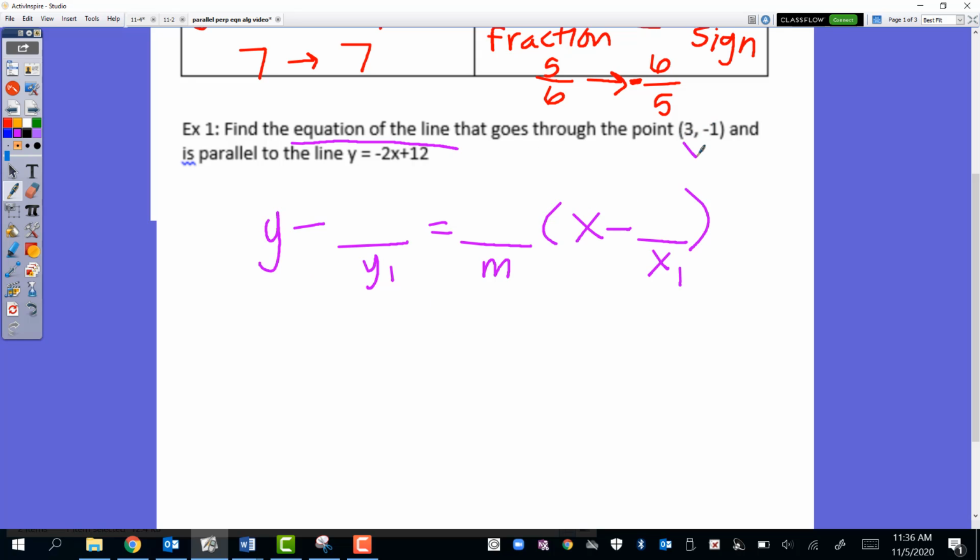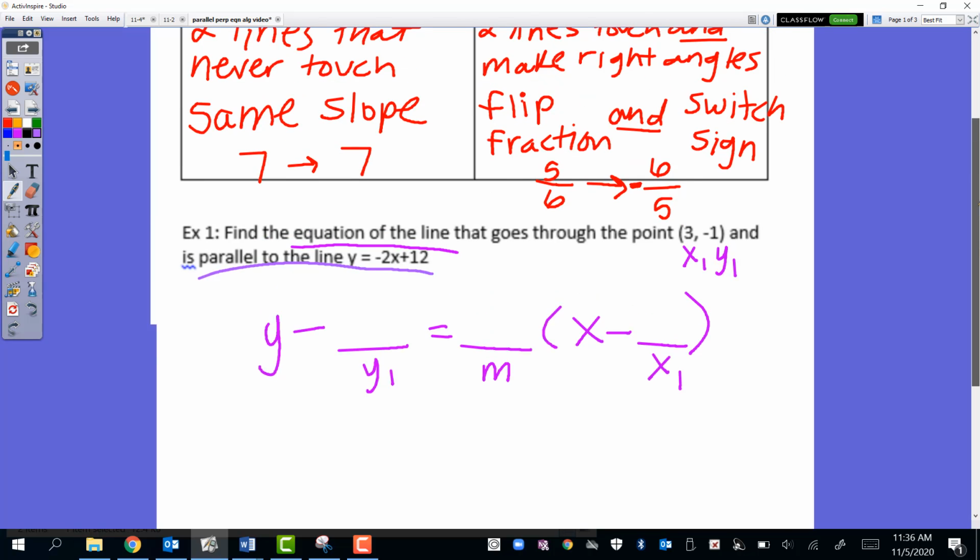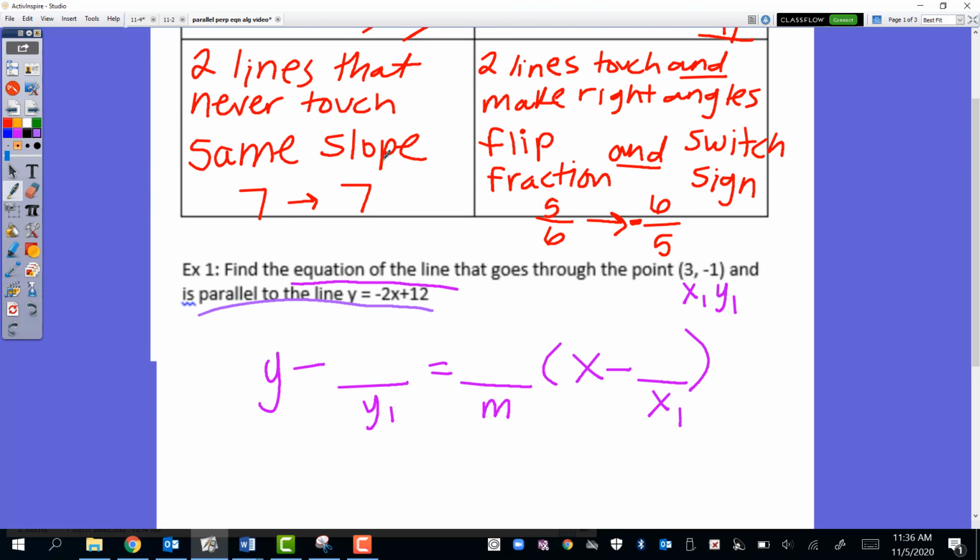Okay. And I know that this means I've got to go label my point and my slope. So my point's over here, so this is x1, y1. But it didn't tell me what the slope was. But it did tell me parallel to the line. Now we just learned parallel means that they need to have the same slope. So parallel tells me same slope.